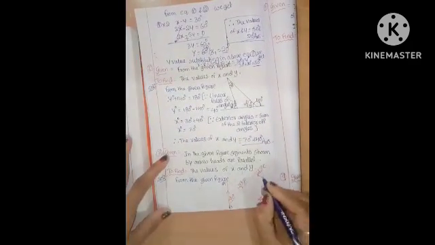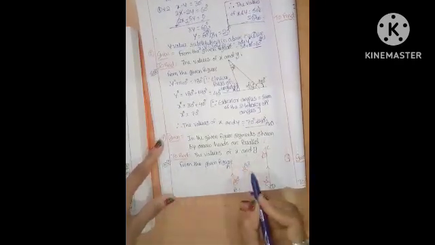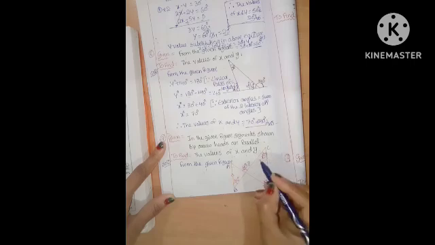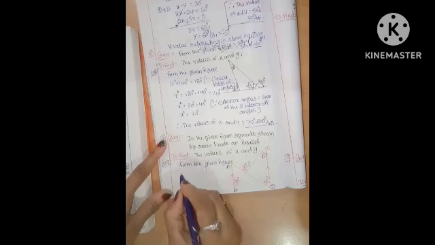We don't know y degrees, and x degrees we also don't know. So first, how to calculate x degrees. X degrees is equal to 30 degrees.